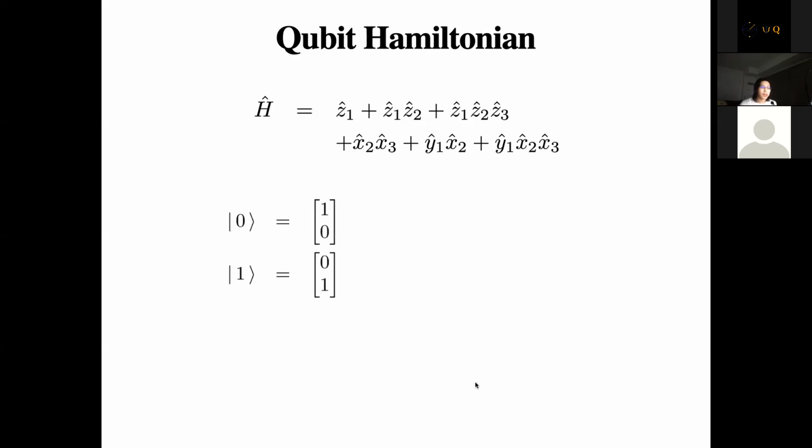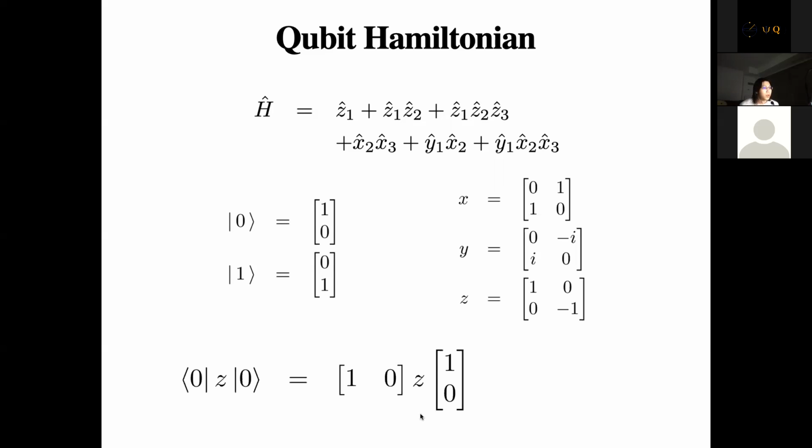In the basis where we see the 0, 1 states as unit basis vectors, these X, Y, Z are really just 2 by 2 matrices. So we can do a few operations to see how measurement will work with these matrices.